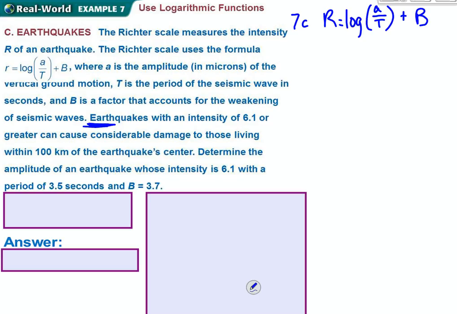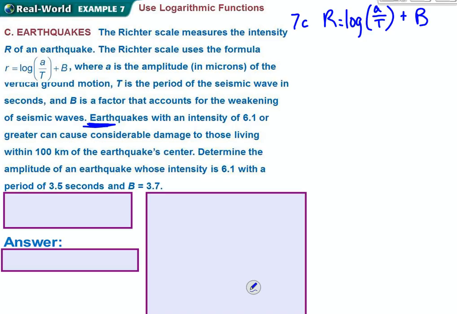Earthquakes with an intensity of 6.1 or greater can cause considerable damage to those living within 100 kilometers of the earthquake center. Determine the amplitude of an earthquake whose intensity is 6.1 with a period of 3.5 seconds and B of 7.